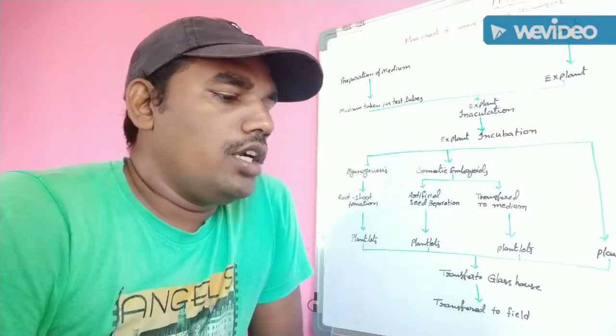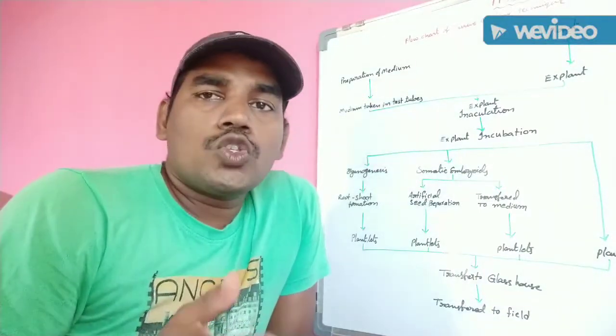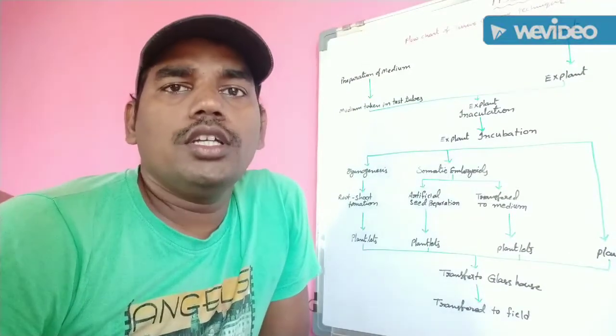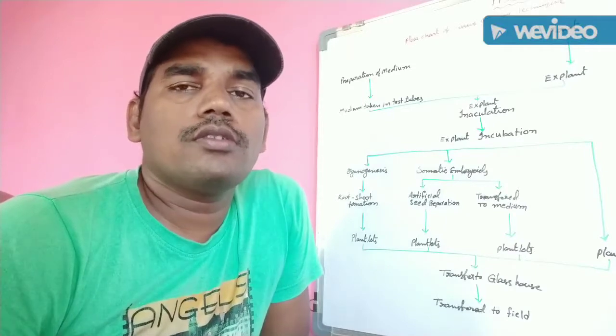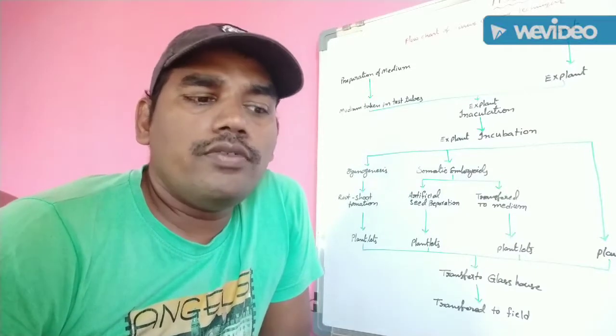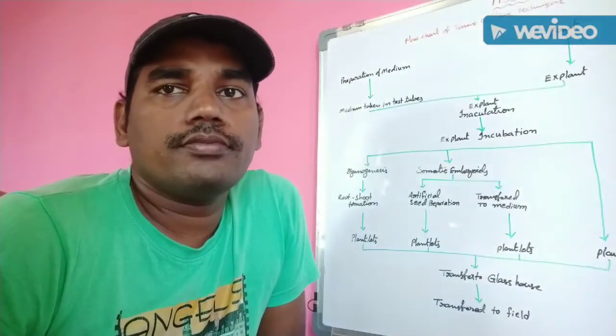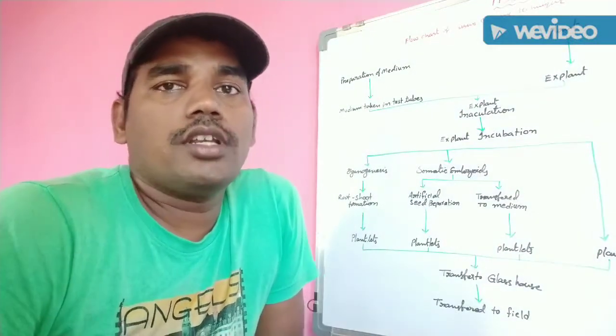In this way, different types of somatic embryos, that means the somatic embryogenesis process. In this way, different types of plantlets are observed after the incubation period.